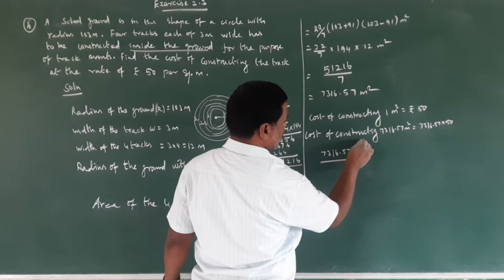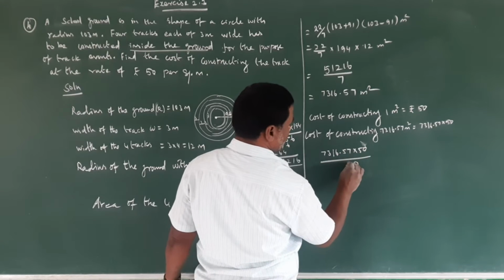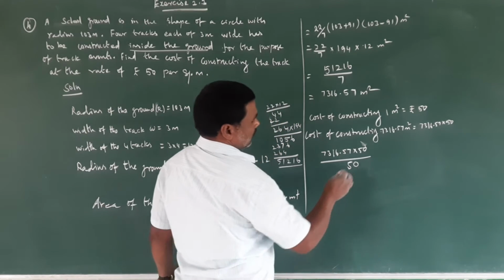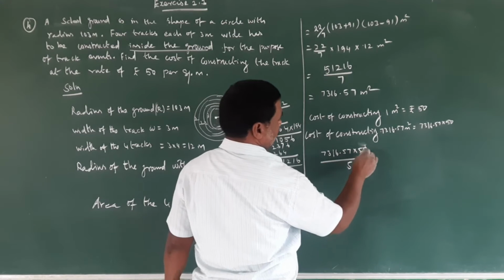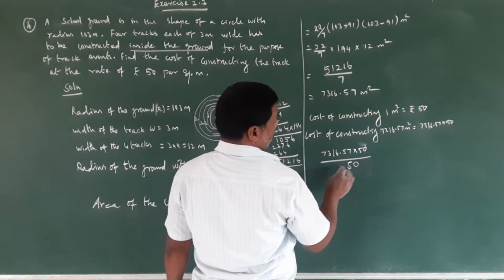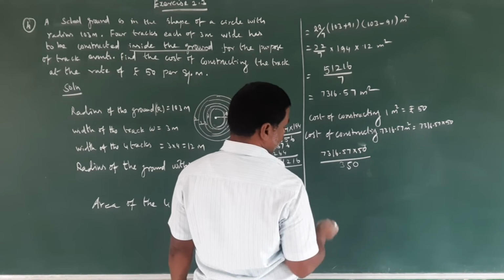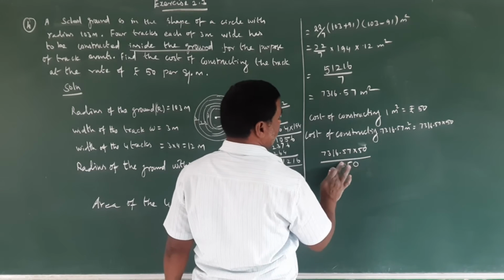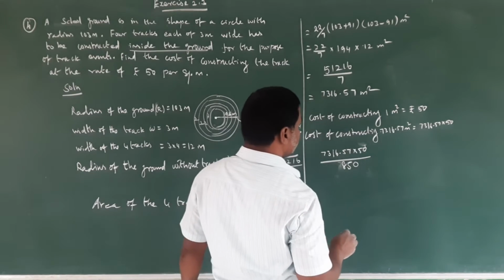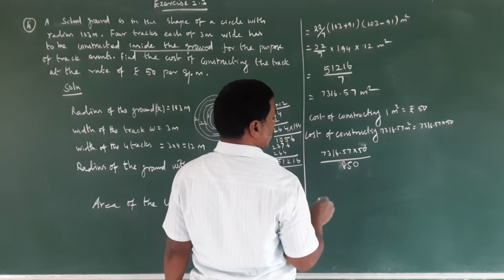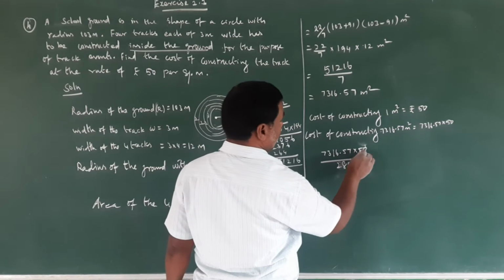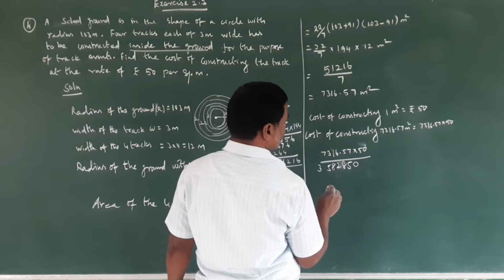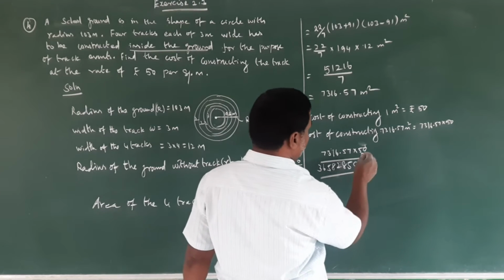Now, multiplying step by step. How many digits? 2 digits.